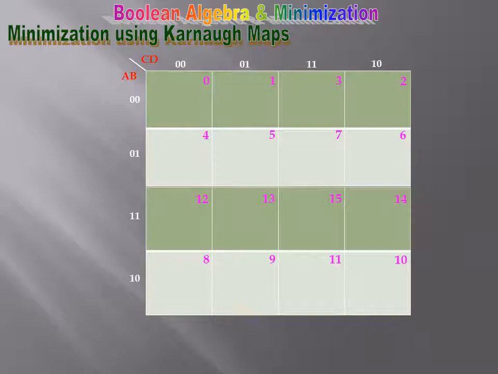So the first cell represents all zeros. According to the min term values, these values are represented in the corners. So we have 0, 1, 3, 2, 4, 5, 7, 6, 12, 13, 15, 14, 8, 9, 11, 10.